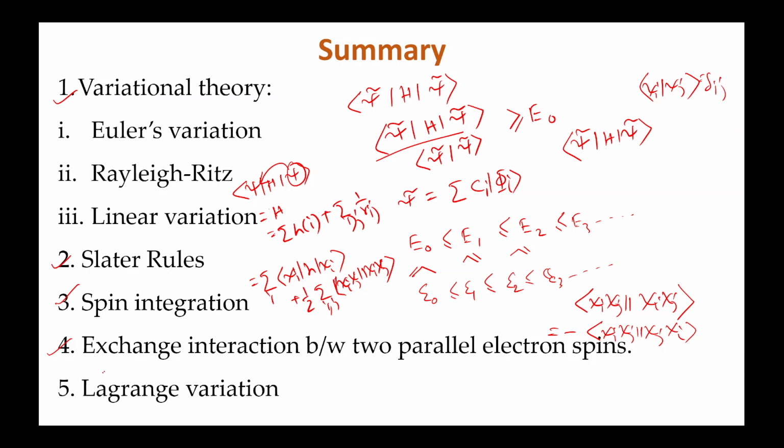And then finally the week was concluded by showing you the Lagrange variation. So the problem was defined for the Hartree-Fock: if you do a Lagrange variation for the Lagrangian with respect to your orbital space, you will optimize the orbitals to get the best determinant possible, along with the Lagrangian constant.